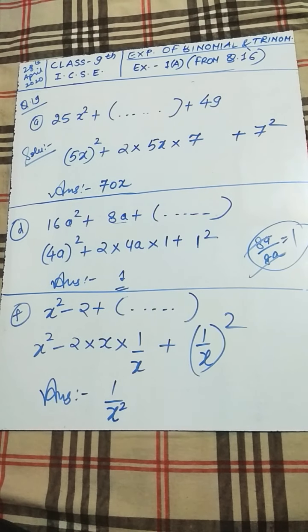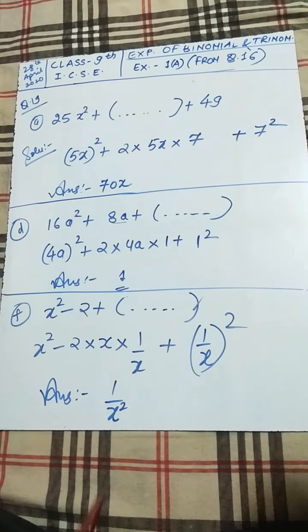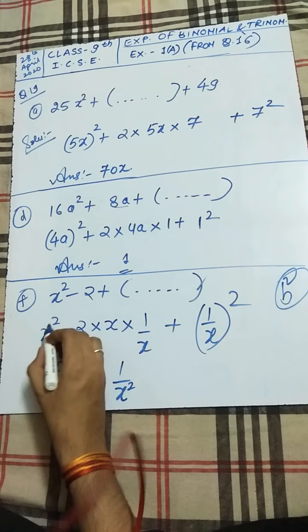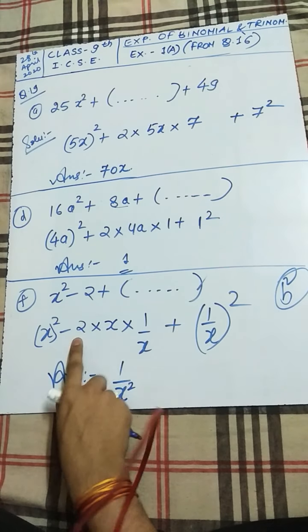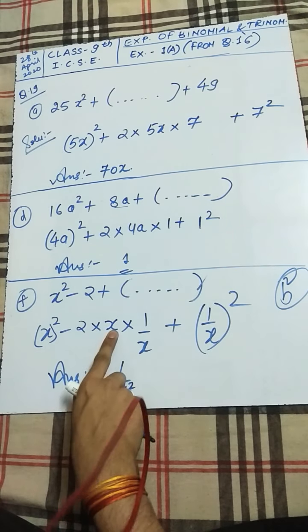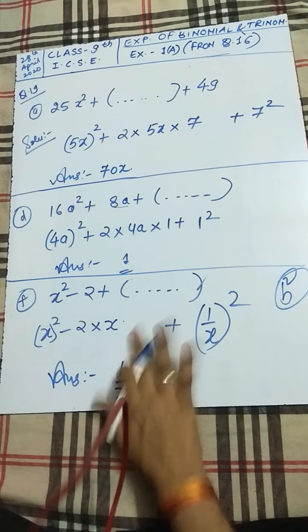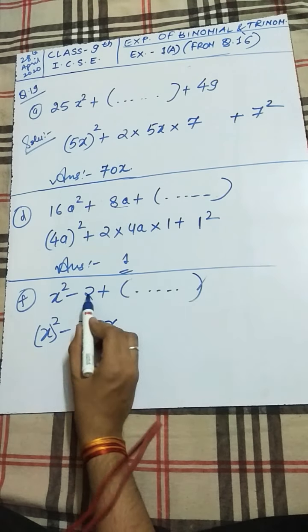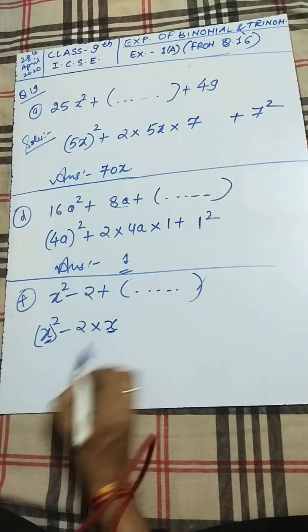Then come to the F question. What does the F question say? X square minus 2 plus missing term. That means again we need to find b square, the b term. X square can be written as x square, no problem, minus 2 into a, also we have written a. Just forget this for a moment, 2 into x, a is x, what will be b?